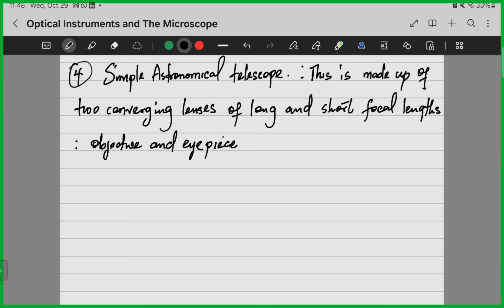So just keep that in mind. Let's talk about the characteristics here. We can say the focal length of objective and the focal length of the eyepiece coincide in their axis.